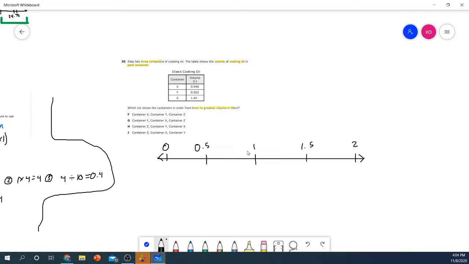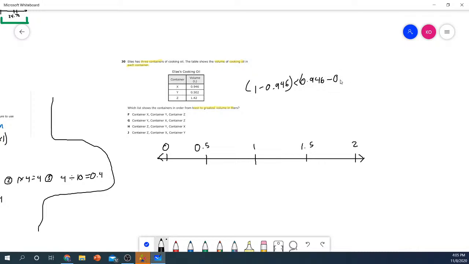If we do 1 minus 0.946, the number we'll get is less than 0.946 minus 0.5, and I'll put brackets just for simplicity.